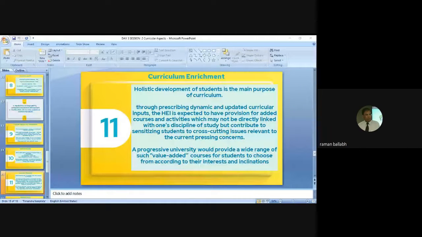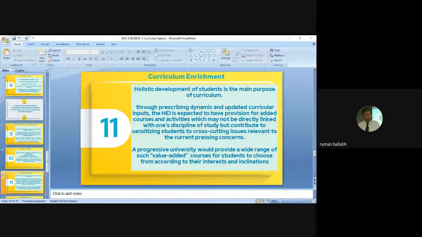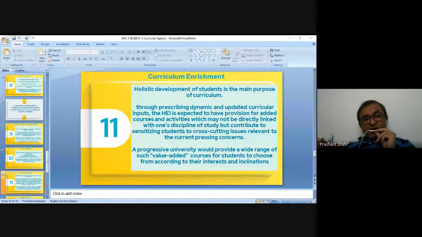So when the subject of statistics is being taught to students at the graduate level, there is annuity calculation, and statistics is used for calculation of this annuity.